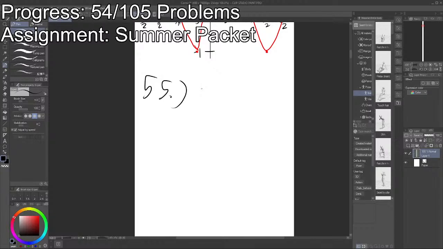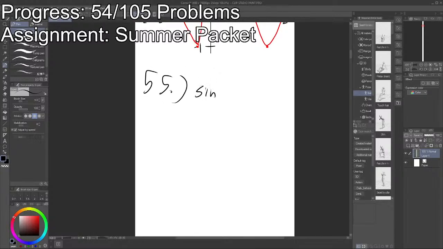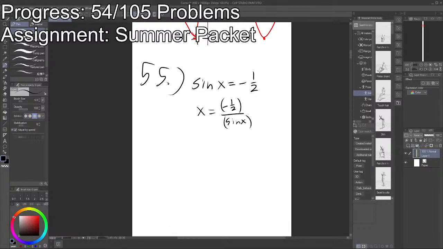Isolate the variable. I can isolate the variable. I understood that. So it should look like that. That looks kind of bad though.